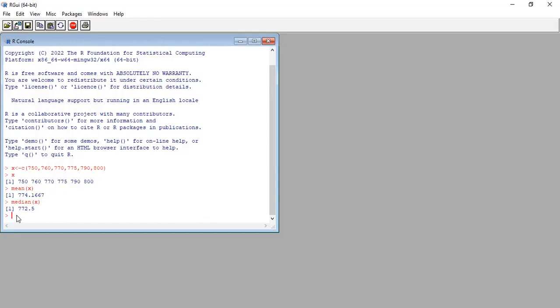You can see that R is very convenient for finding the mean and median. Now let's go back to our whiteboard.